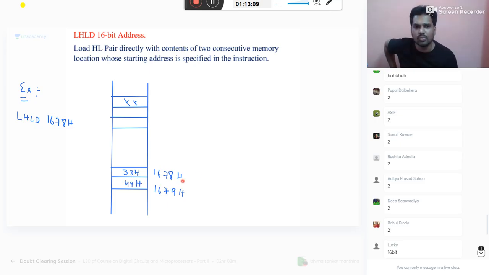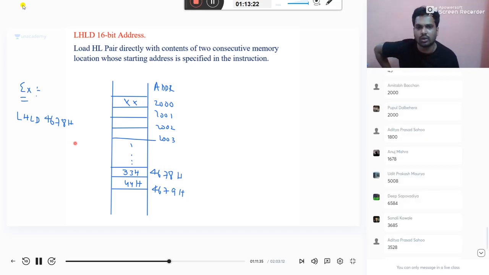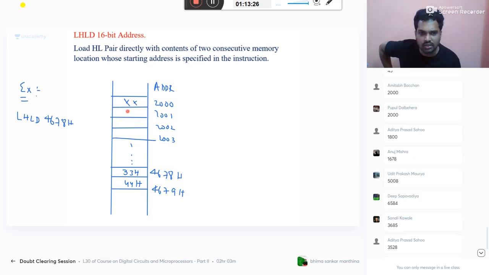So this is the address. It may be your 2000 and 2001, 2002, 2003. Now see how you write this program: the opcode first, then 78, then 46.